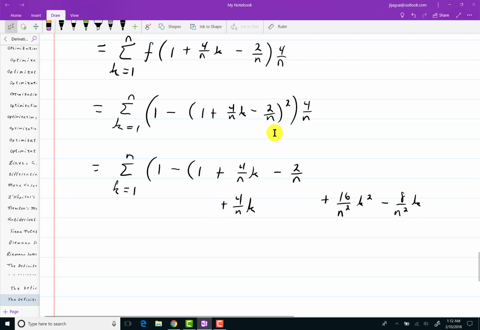And finally, the negative 2 over n will come through and multiply everything. So negative 2 over n times 1 will be a negative 2 over n again. I'm kind of doing this so I can keep track of everything. Then negative 2 over n times 4 over nk will give us negative 8 over n squared times k. There it is.